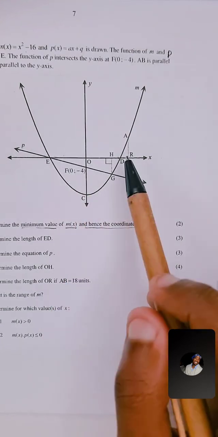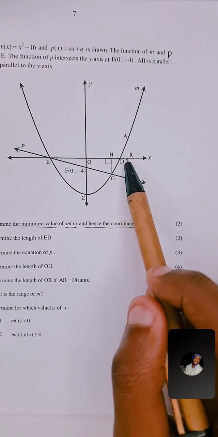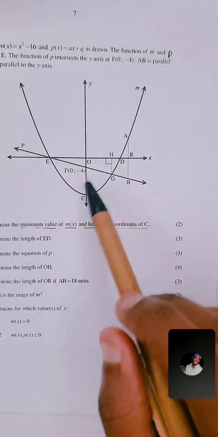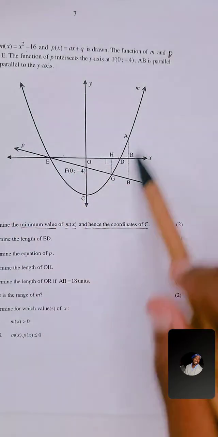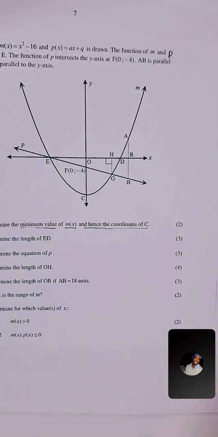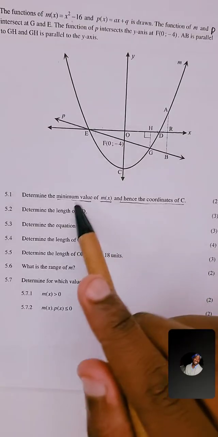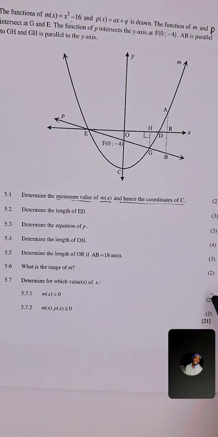So therefore we say x of D, once we get it after finding the x-intercept, letting y be equal to 0 for this function, we then are able to solve for x and get the x values. And it's as straightforward as that. That's how we are able to determine the length of ED.